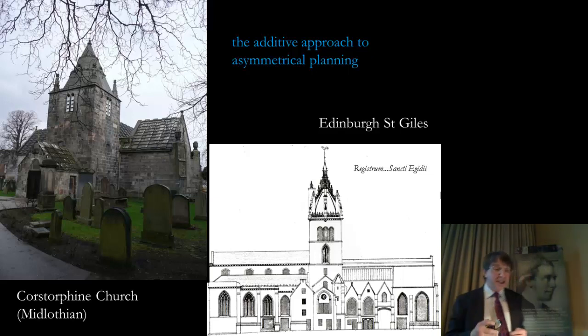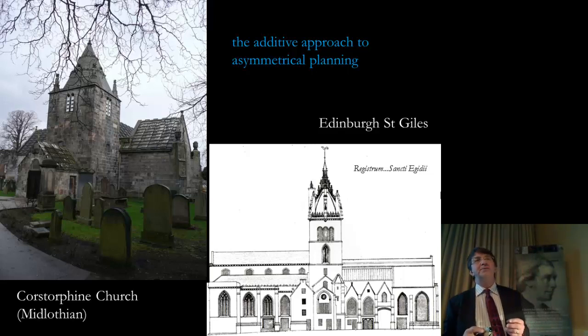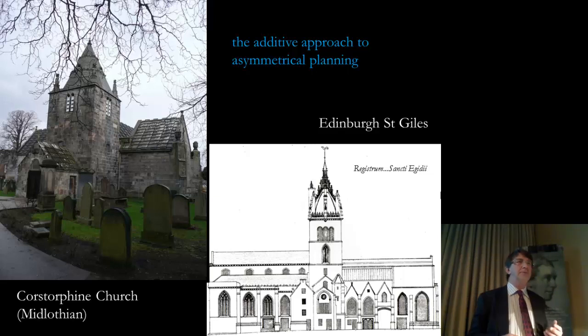But the interesting thing is that although the additions were very piecemeal, when you look inside, you see that in fact there was a consistent attempt over more than a century to get the architectural details of all of these additions more or less uniform. So a design that was put together for the arcades in this chapel here, the so-called Albany aisle, was in fact continued in the eastward extension of the presbytery.